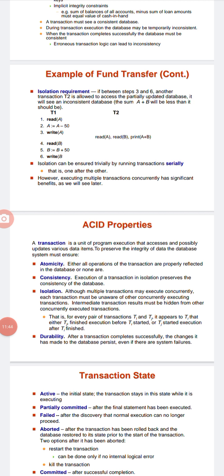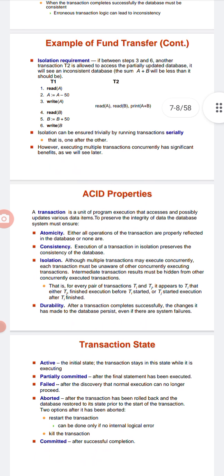Active. The initial state; the transaction stays in this state while it is executing. Partially committed. After the final statement has been executed. Failed. After the discovery that normal execution can no longer proceed.